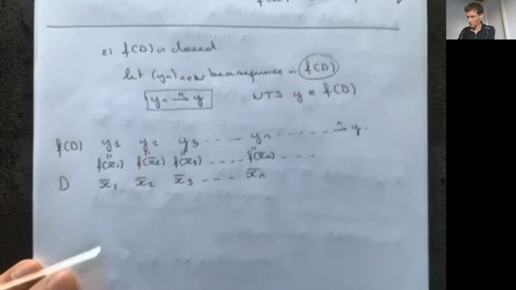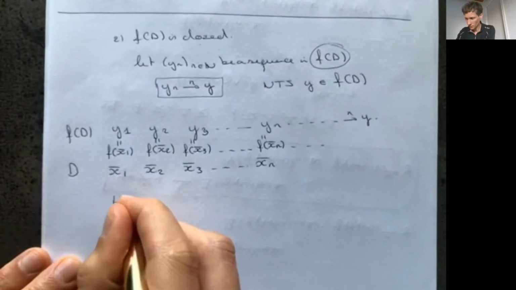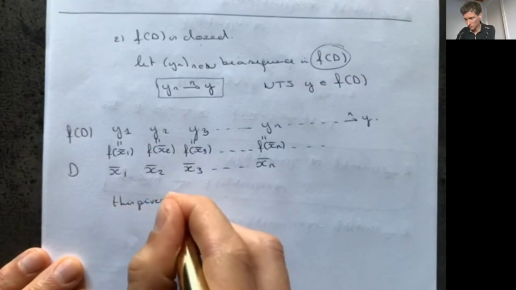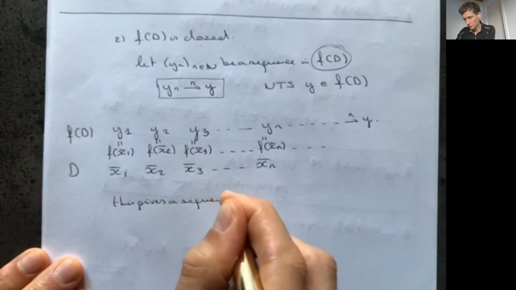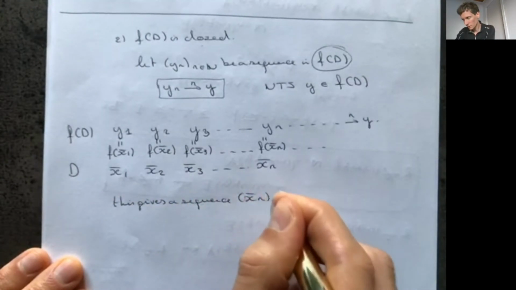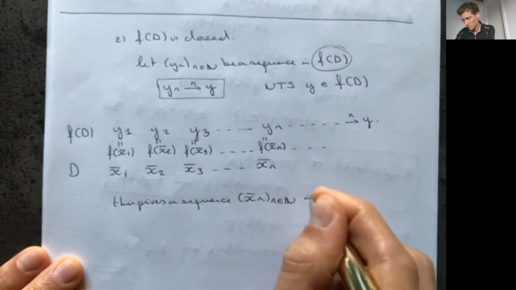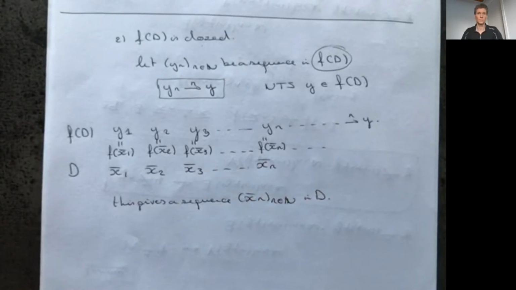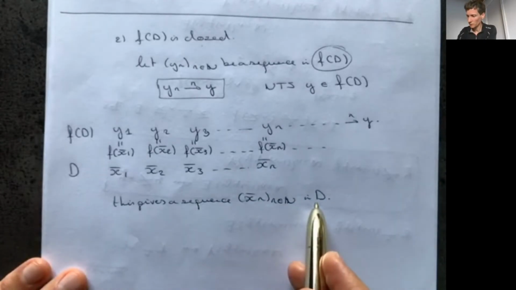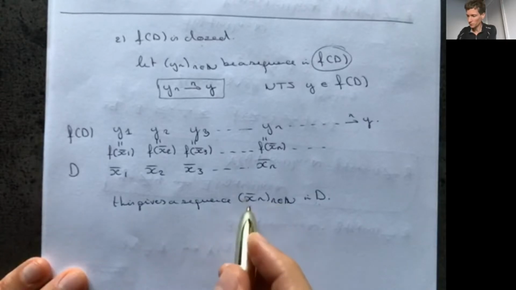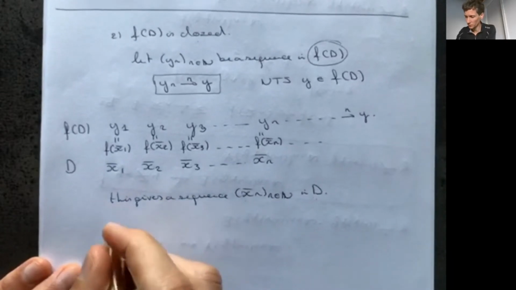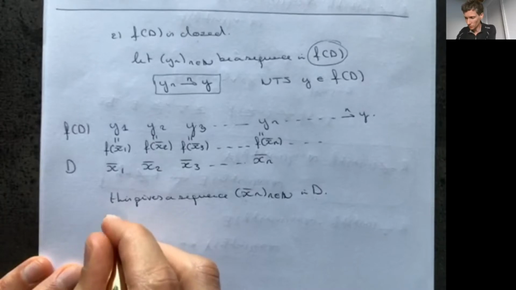Okay, so this gives a sequence x_n in the domain D. What do we know about this sequence? Well, nothing much. It can go either way. However, the domain D, and again here we use compactness, so D is compact, which means that this sequence has a convergent subsequence. So again, here we use the Bolzano-Weierstrass theorem.